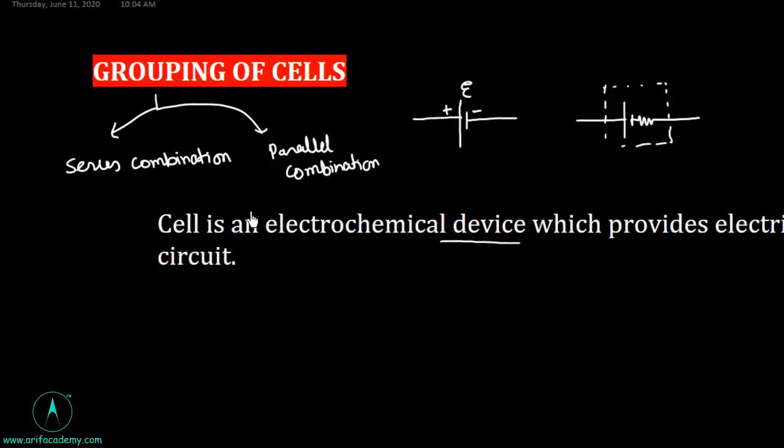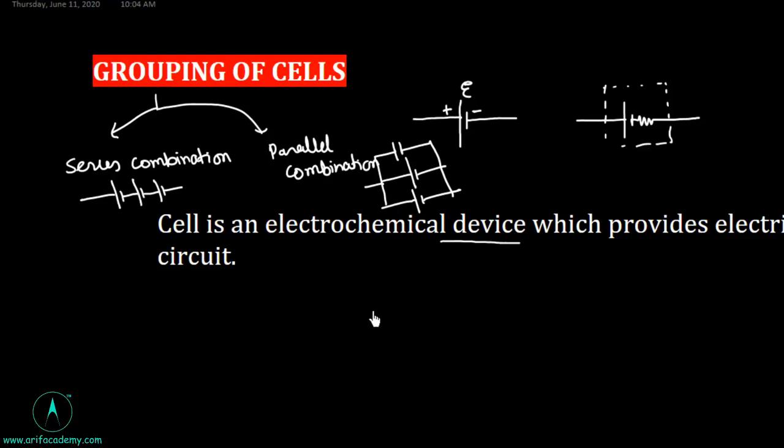Series and parallel combinations are very similar to the series and parallel combinations of resistors and capacitors. If I join cells like this, it is a series combination, and if I join cells like this, it is a parallel combination of cells.